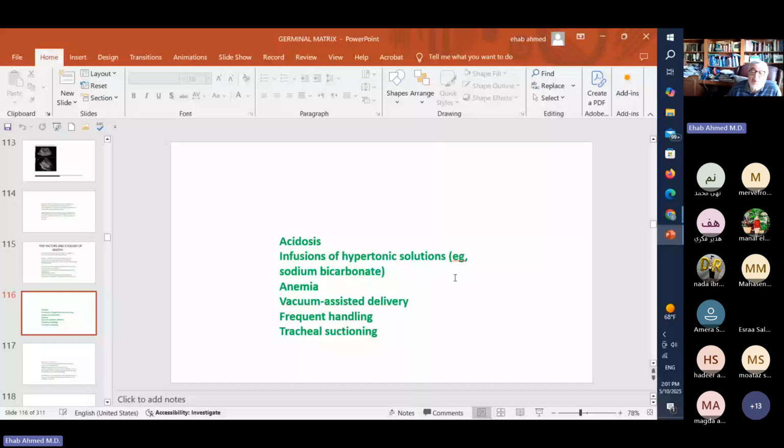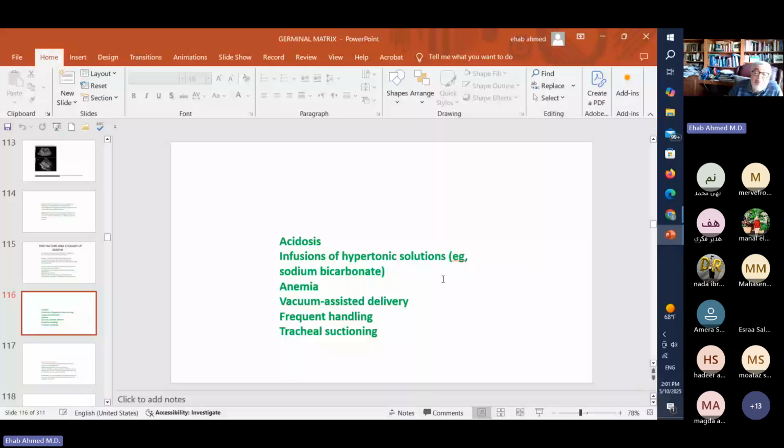Hypertonic solutions, and the most common one is the sodium bicarb. Don't give any boluses of sodium bicarb. You can give a drip, as I told you before, if you need to treat metabolic acidosis in a preterm baby who is stable, day 2 or 3.